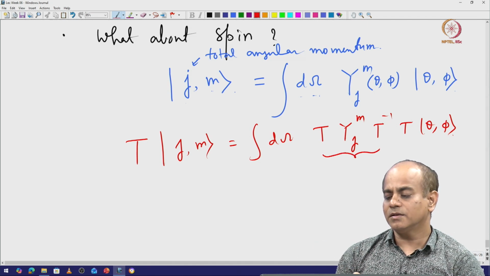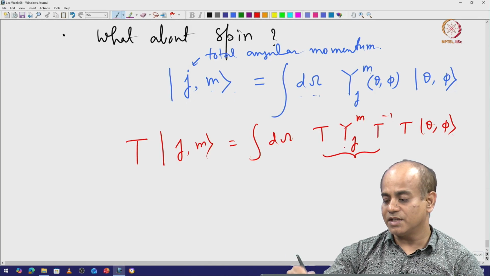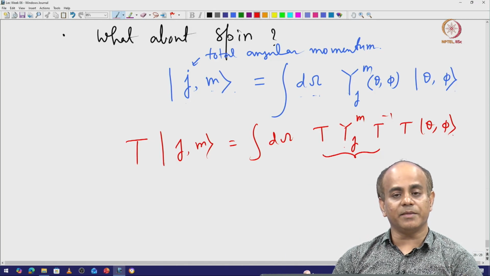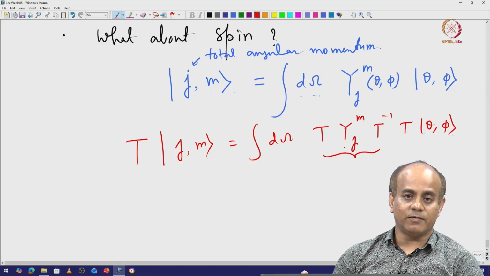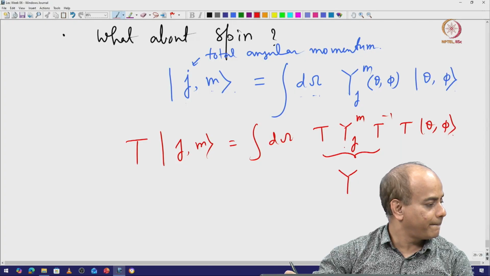So, this one what we can do is that we can just go into their general expression, and under time reversal what we will find is that it changes to star.